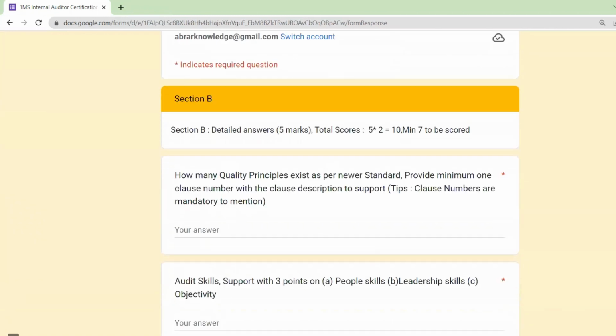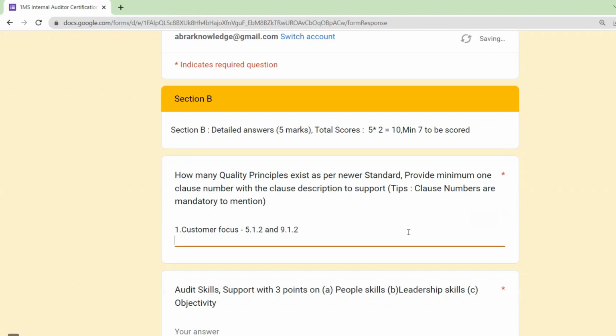So let's go to the next question. How many quality principles are there as per the new standard? Provide a minimum of one clause number with a description to support, right? And I will write. So this is customer focus and the clause number. Customer focus coincidentally has a direct clause number 5.1.2, and also you will find 9.1.2. The next one is leadership. The entire clause 5 bears witness to the leadership requirement, right?